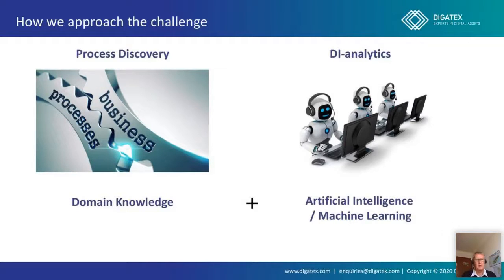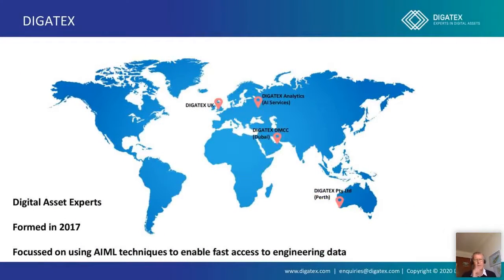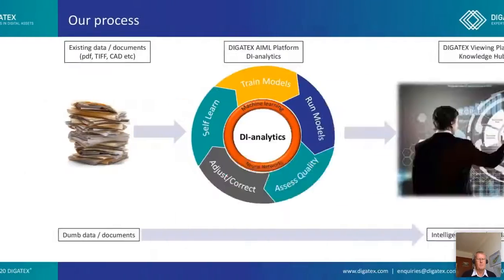Our company was founded in 2017. We have our head office in Dubai, and that covers the Middle East. I am located in Perth in Western Australia, so I cover Southeast Asia. And our analytics team is based in Europe. So we're pretty much spread around that part of the world.